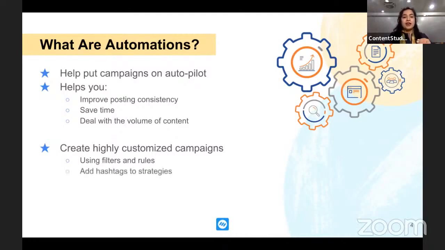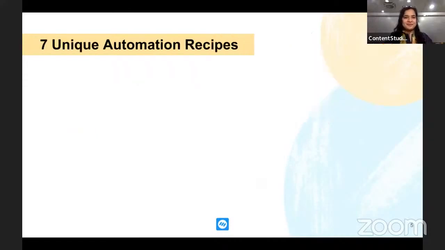We've got great additional features where you can add hashtags to your strategies, depending on your likes. And then we've also got UTM trackers that you can add. You can connect Replug, which is another tool besides Content Studio, with Content Studio and add UTM trackers.